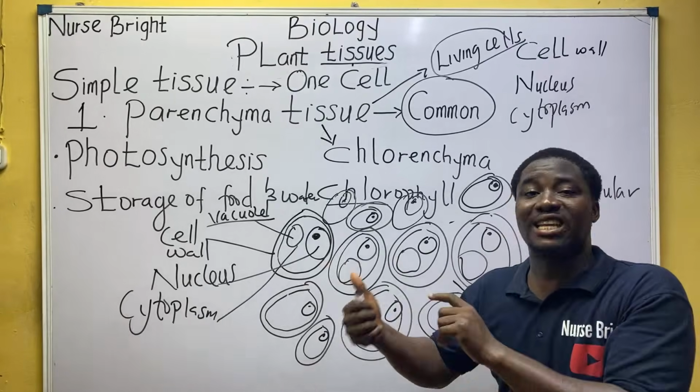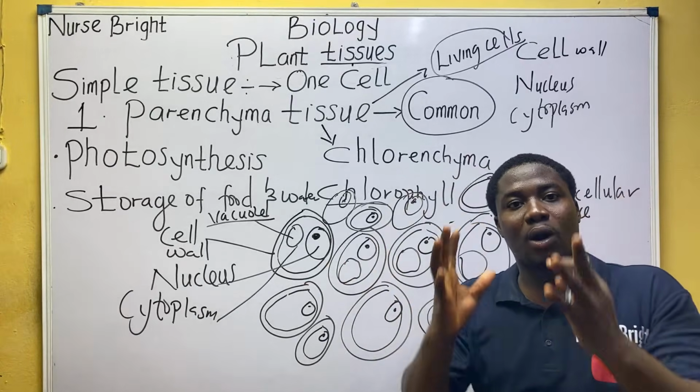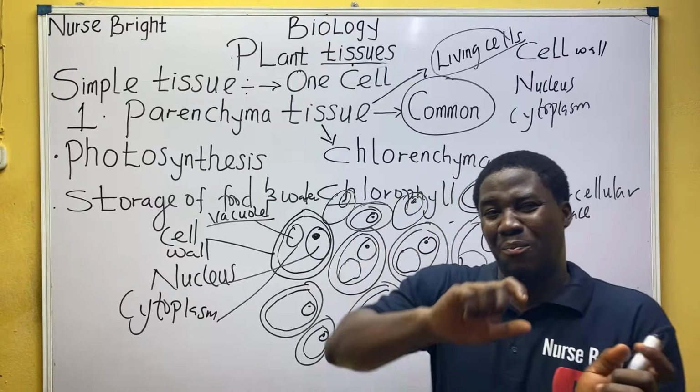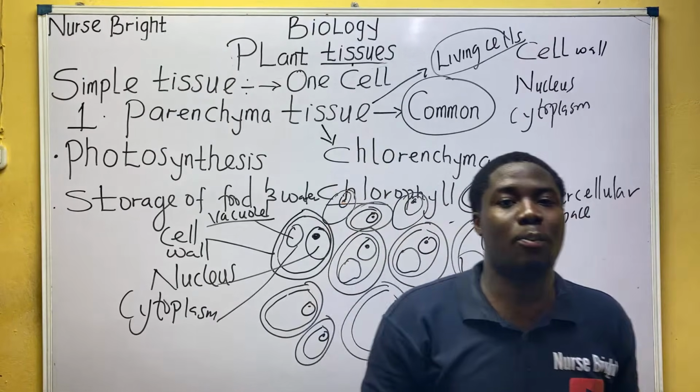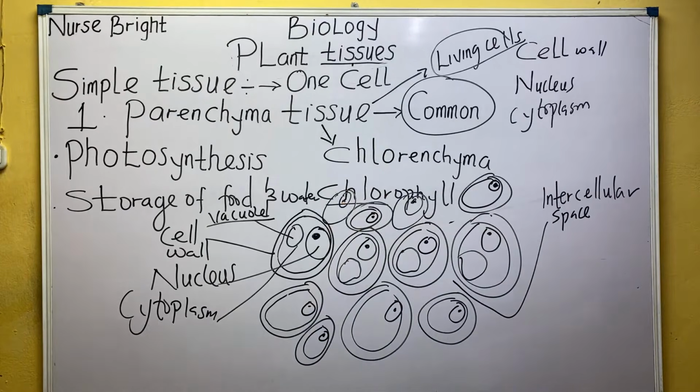You can see it in the parenchyma. That is why you can bend it. It is very difficult for that plant to break, unless maybe you want to cut it, apply more pressure and force. You understand what I'm saying?